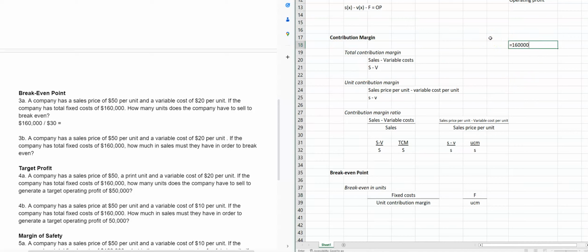So let's do 160,000 divided by $30. Yeah, there it is. So notice here where it says, okay, so you have to sell 5,333 units and 0.33333, so a third of a unit. Obviously, we can't sell a third of a unit. So traditionally, we always say round up. So our answer would be 5,334 units.